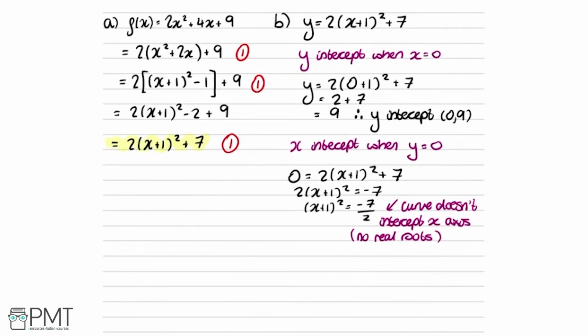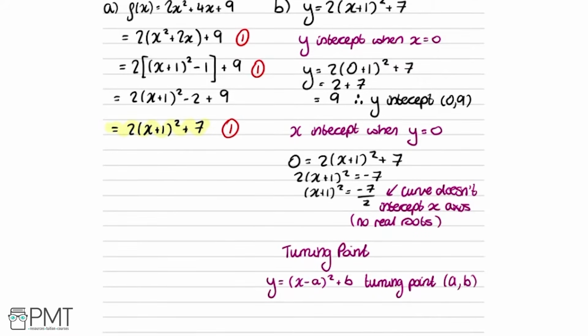The last thing we need to sort out is if there are any turning points. And this is great because there's a little trick we can use in a form once we've completed the square. So when we've got something that's in the form y equals (x minus a) squared plus b, so this is the form you get when you complete the square, the turning point is (a, b).